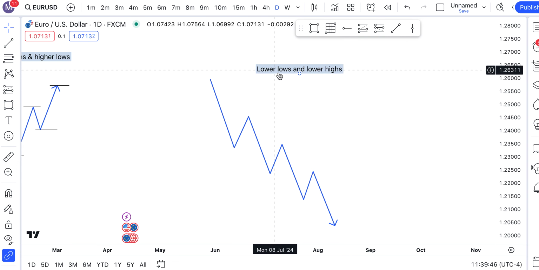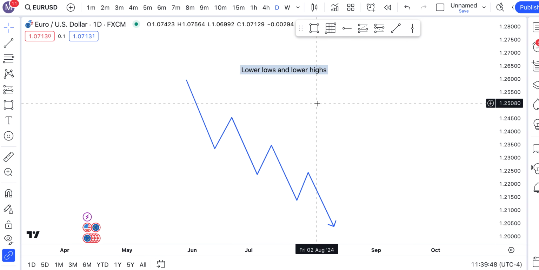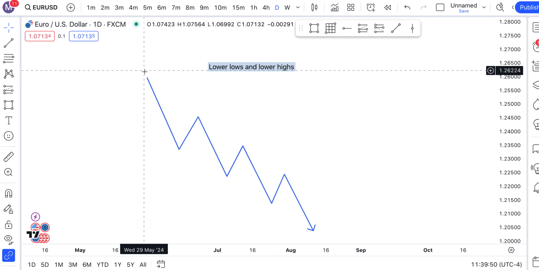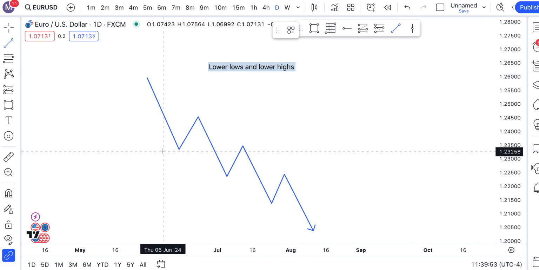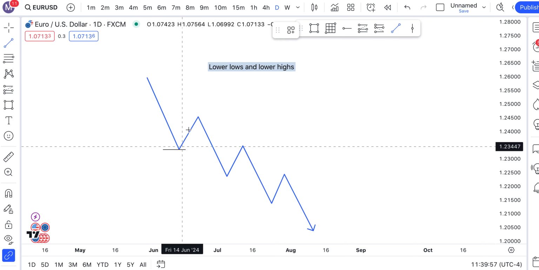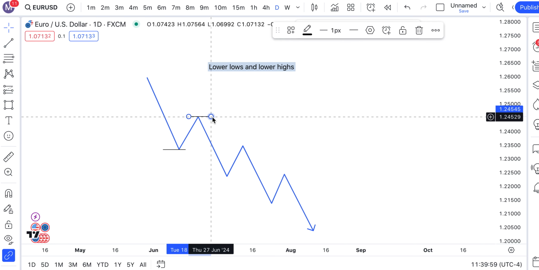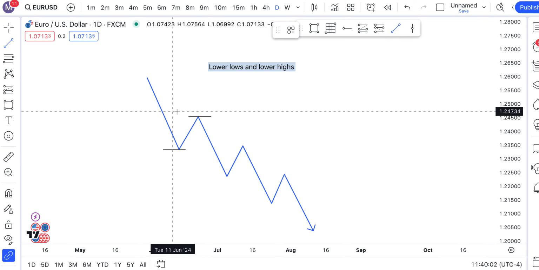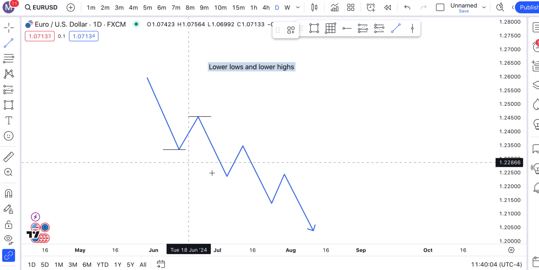So we are looking for lower lows and lower highs. So we start up here and we've printed a low. And then we retrace a little bit and we make a high.